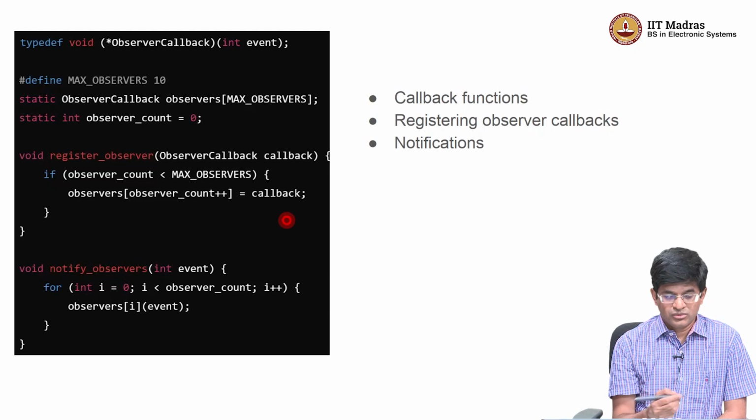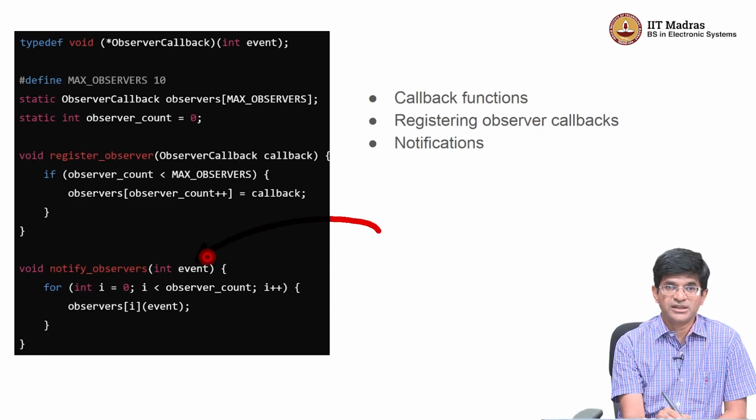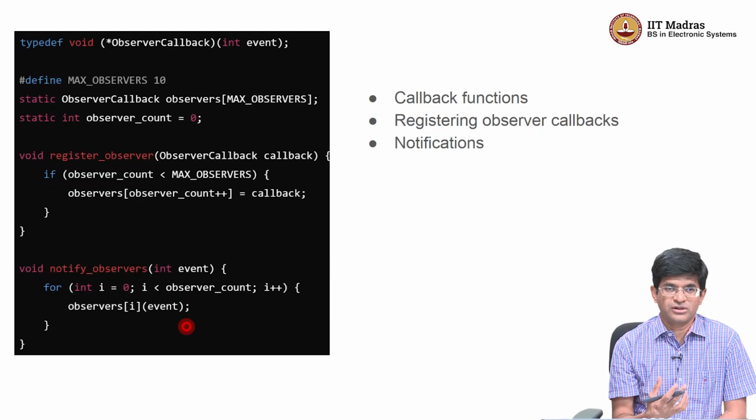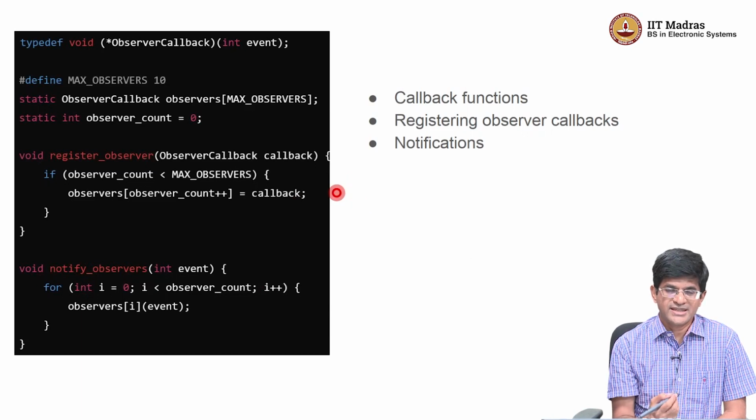Now what that means is that the notification part that I talked about could just be that if the event actually happened, I simply need to go through all the list of observers that have been registered so far for this event and call those particular functions. Observers of event is a function call now. It was a pointer to a function which basically gets called. By registering multiple callbacks, I could have multiple different things registered to respond to a particular event.